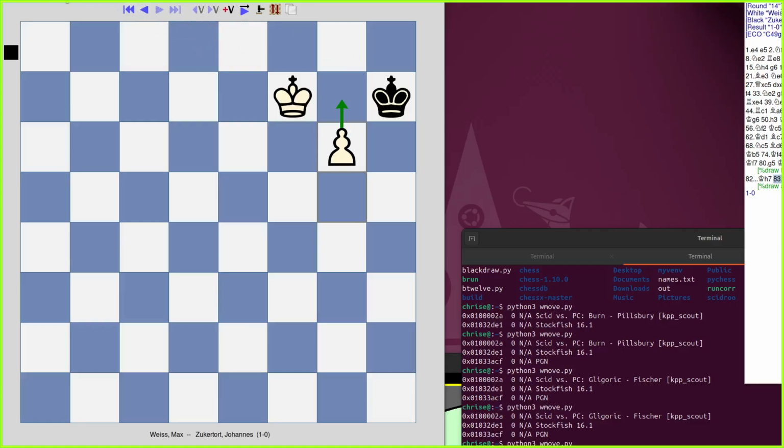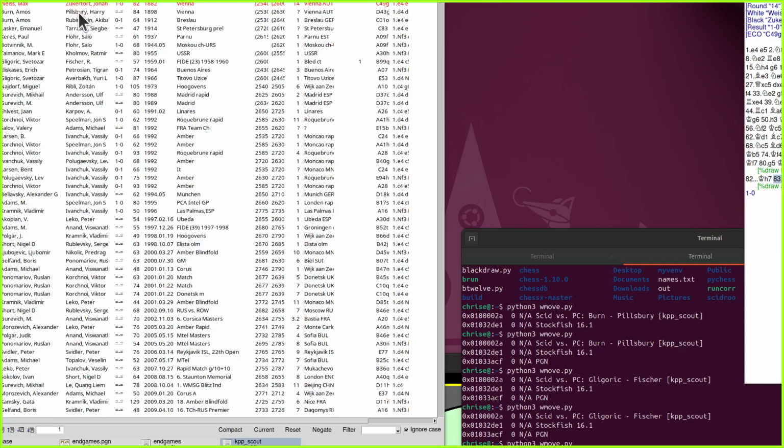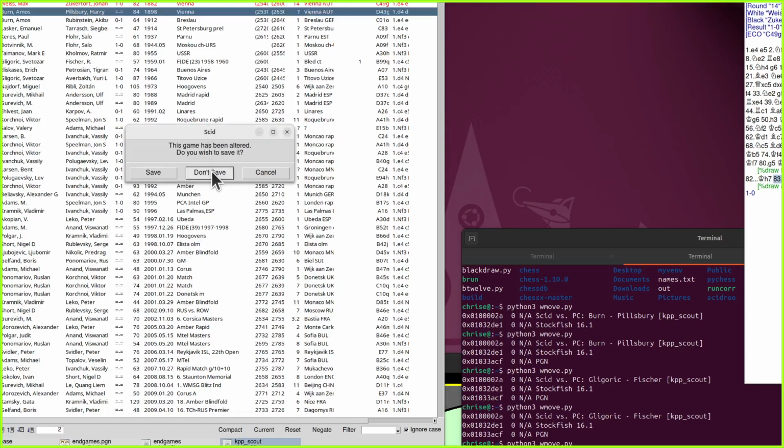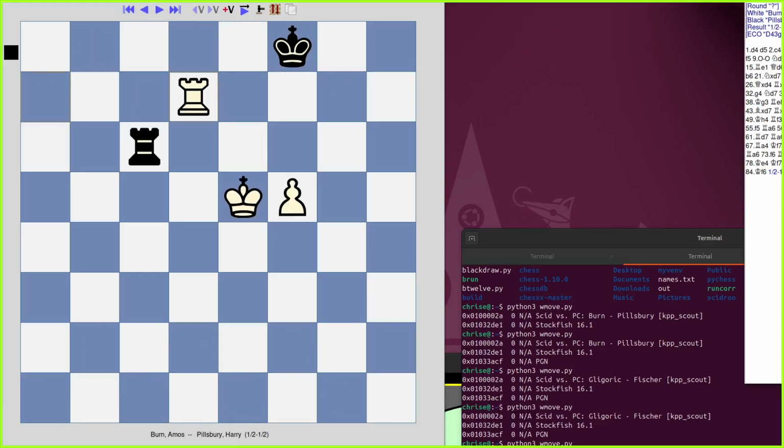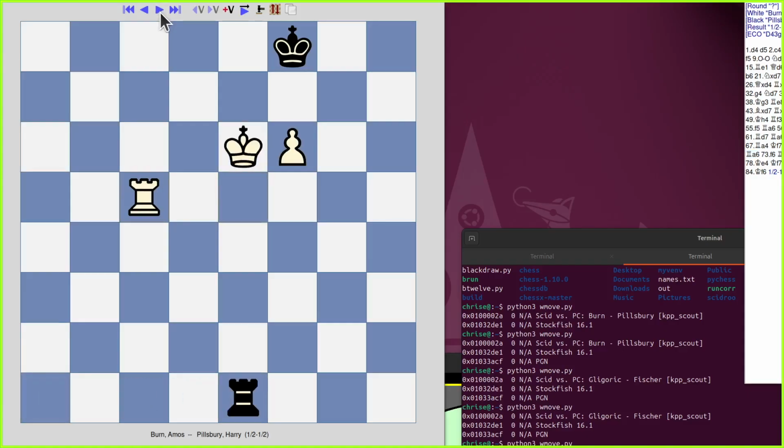Okay, the second game I want to look at very briefly is this one between Amos Burn and Pillsbury. Once again, very famous players in their time, and I just wanted to quickly show this. This is showing a transition from a Philidor position. You can see black's Philidor position. This should be a draw, and then white eventually gave up and decided to just get to this position here, trade off rooks, right?